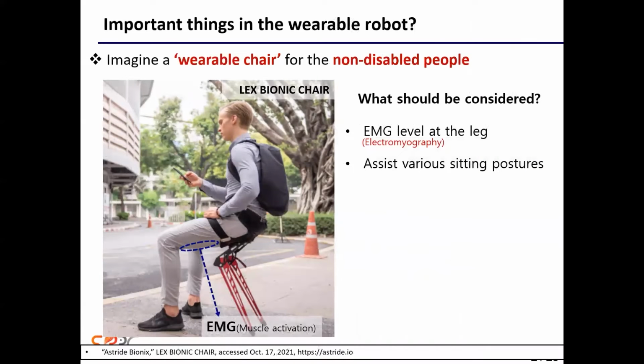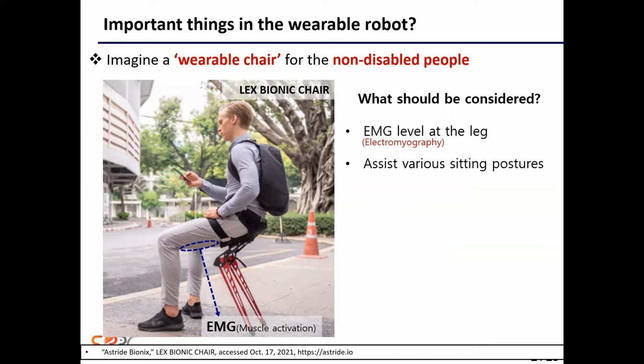Before explaining my research, I would like to point out an important point when developing wearable robots. Let's imagine we are developing a wearable chair for non-disabled people. Then this device can be developed with the goal of reducing EMG levels, where EMG can be thought of as an indicator of muscle activity.